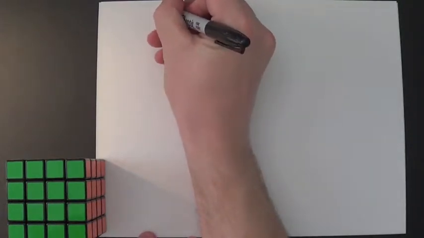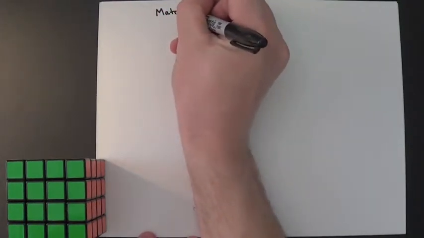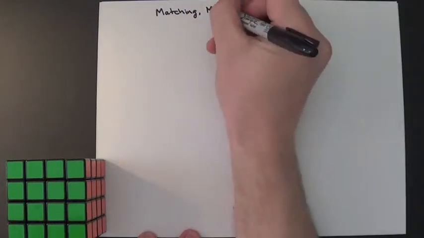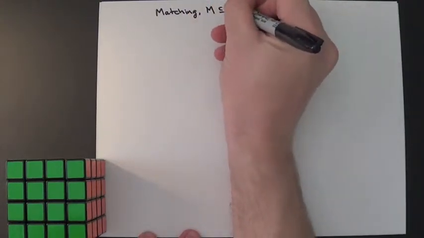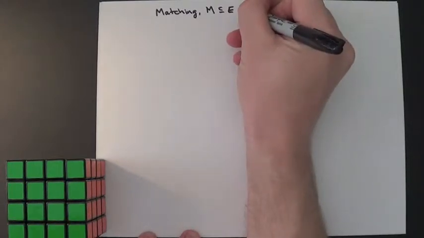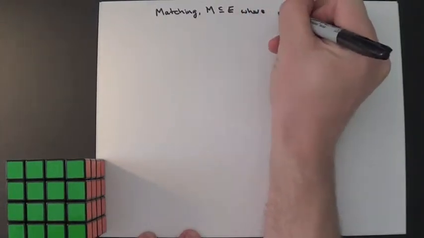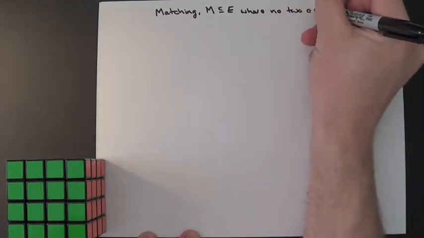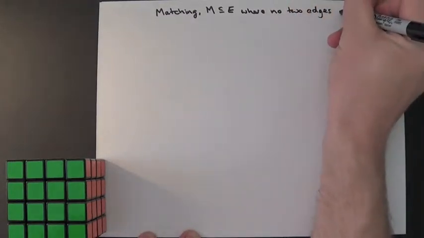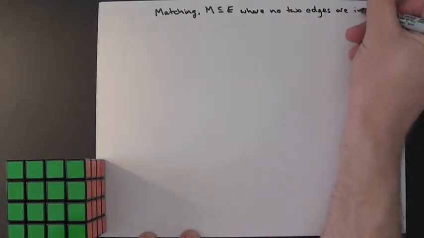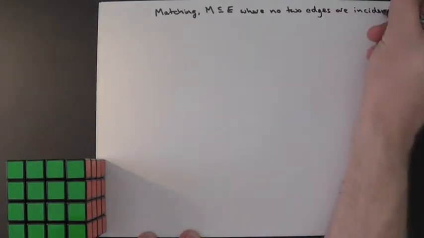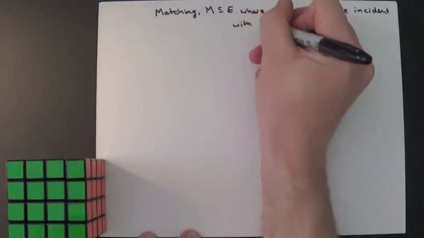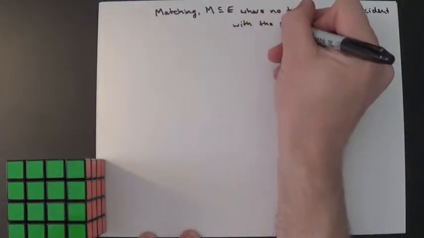Matchings. A matching M is a subset of E where no two edges are incident with the same vertex.